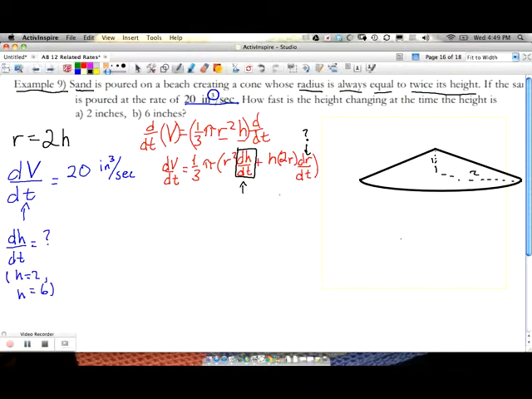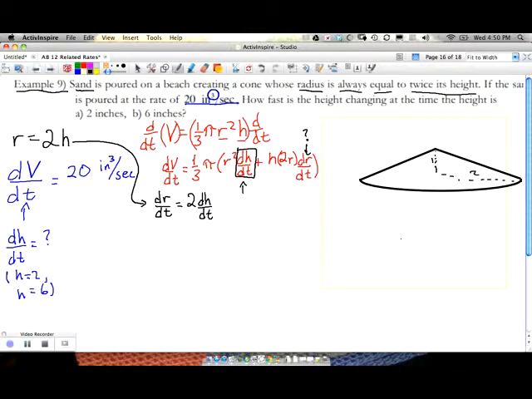In this case, since I've already done the derivative, I'm going to just try and find dr dt and make a substitution. Well, here's where this equation is going to come into play. If I were to take the derivative of both sides, I would know that dr dt is going to be equal to 2 dh dt.